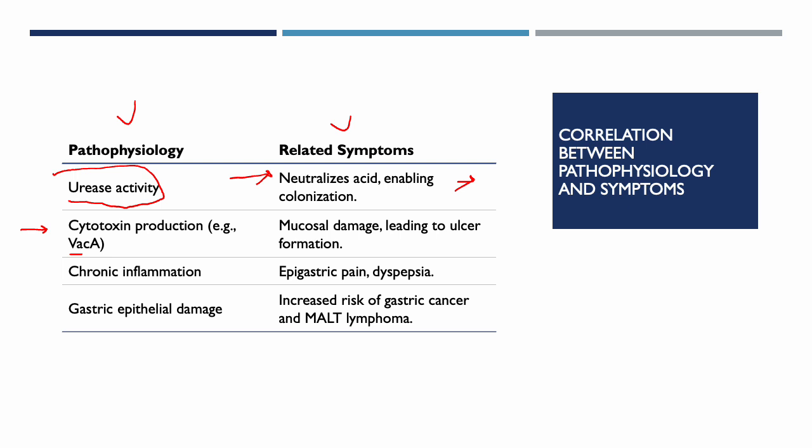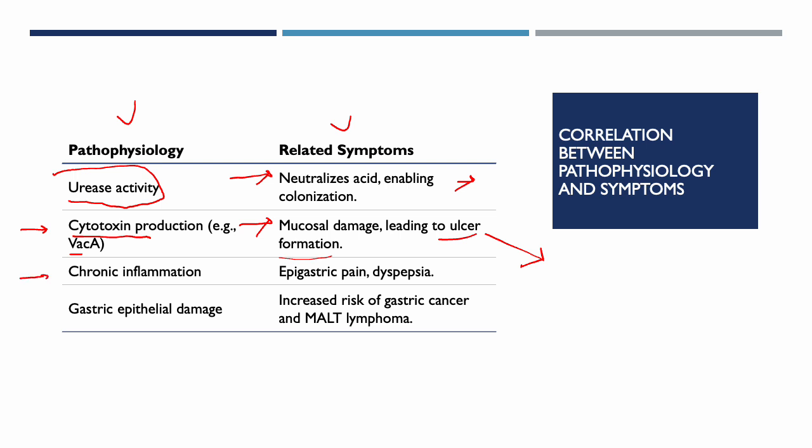So VacA and other toxins will then disrupt epithelial cells and promote mucosal injury. So if we have that cytotoxin production, we should see mucosal damage leading to the formation of ulcer. And we should then see the physical symptoms like nausea or epigastric pain, etc.